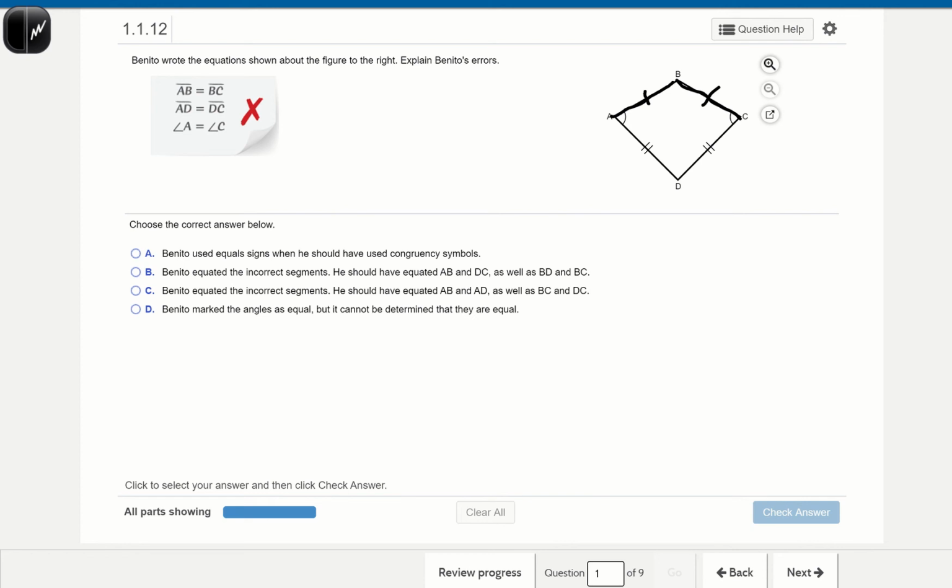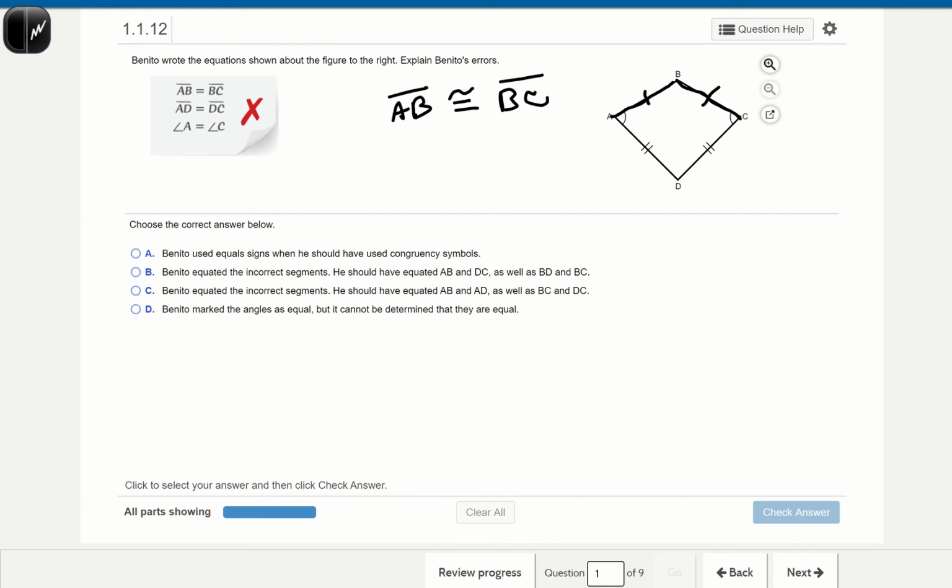So yes, the line segments are congruent, right? But remember that when you're talking about a line segment, say AB, and you're saying that it's the same thing as BC, well, those are two objects. And so you can't equate two objects. You can only say that one object is congruent to another. You can't say that they're equal, right? So these two line segments are congruent, but they're not equal.